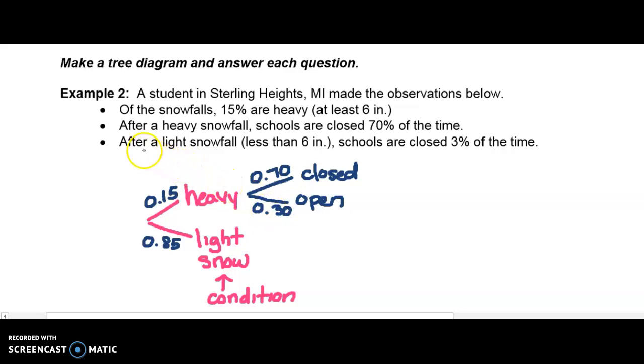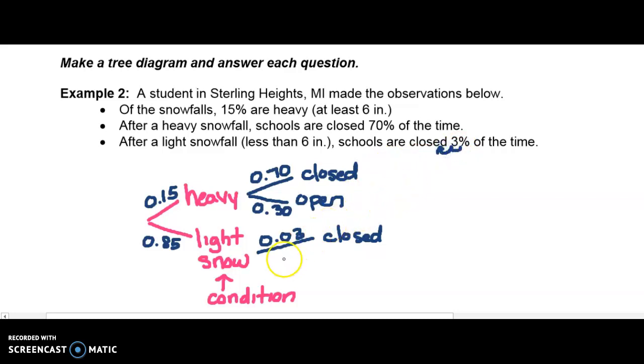Let's go back to our third bullet. After a light snowfall, less than 6 inches, schools are closed 3% of the time. So again, we're going to put closed. So 3% is going to be 0.03. Because remember, 0.3 is 30%. So 3%, you have to move your decimal 2 to the left. So when you're changing a percent to a decimal, the decimal moves 2 to the left.